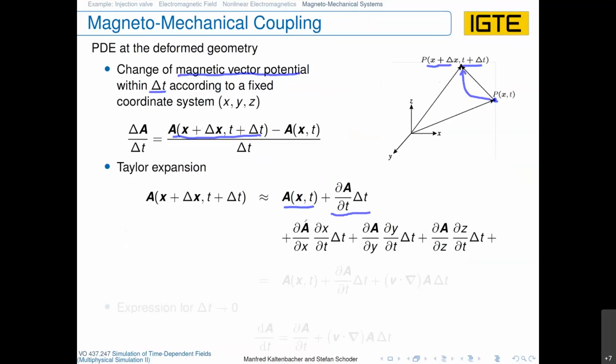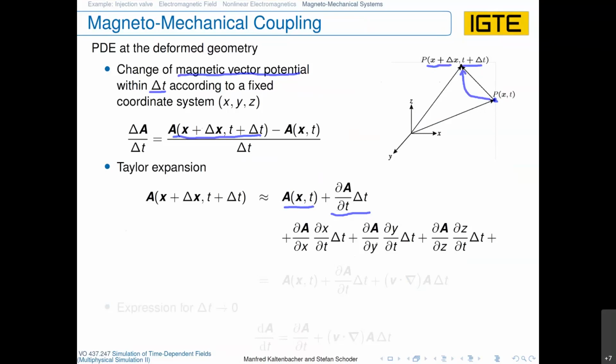And with respect to space, we have x, y, and z coordinates. So we have the partial derivative of the magnetic vector potential with respect to x, but the position itself changes. So we have to multiply it with the partial derivative of the position x with respect to t and delta t.